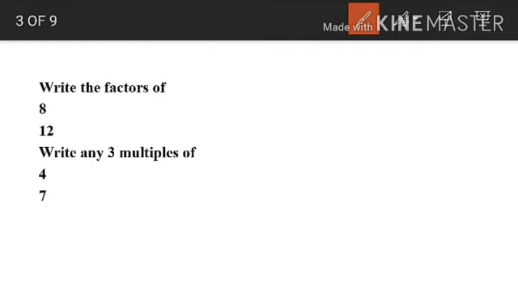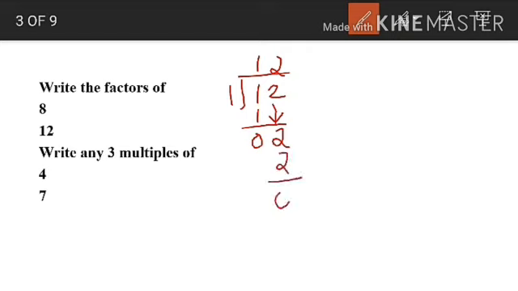Let us now find the factors of 12. Let us divide 12 by 1. 1 ones are 1. 1 minus 1 is 0. Now bring 2 down. 1 twos are 2. When we subtract, it is 0.